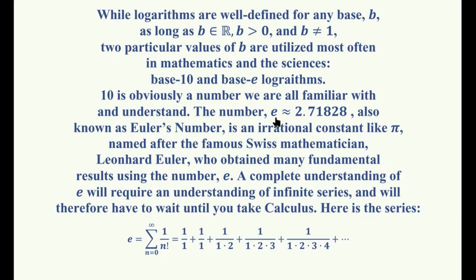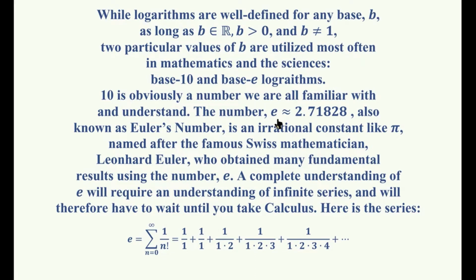E is a number which is irrational, and it's a constant like pi. Its value does not change, and it's approximately 2.71828. So as you know, irrational numbers have a decimal form which never ends or repeats. Therefore, this is just an approximation rounded to 5 decimal places.